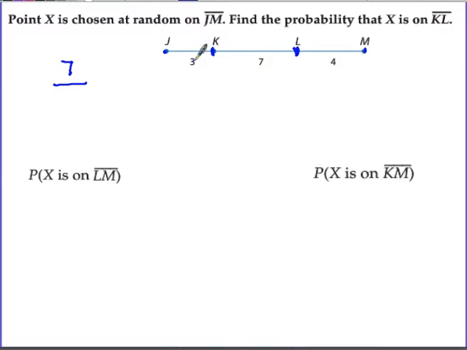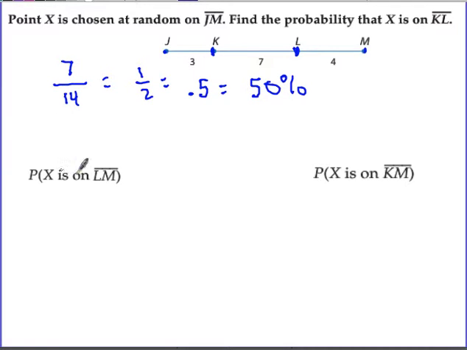So the total line segment is 3 plus 7 is 10, plus 4 is 14. So the probability that the point will land on KL is 7 over 14. Of course, simplify that, so that would be 1 over 2. Or we could express that as a decimal, or we could express that as a percentage. It's a 50% chance that it will land on KL.